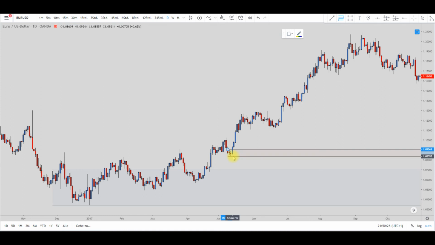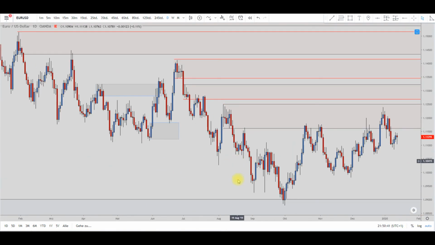There is a nice drop base rally. Let's see if I... All right, so going back, yep, we hit it quite nicely, came out of it.